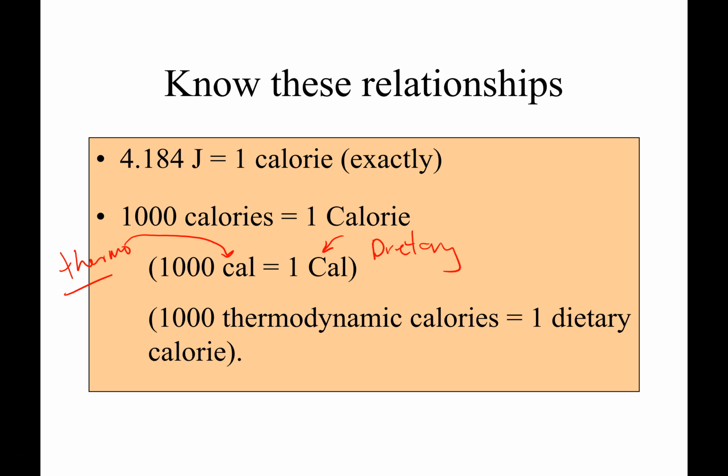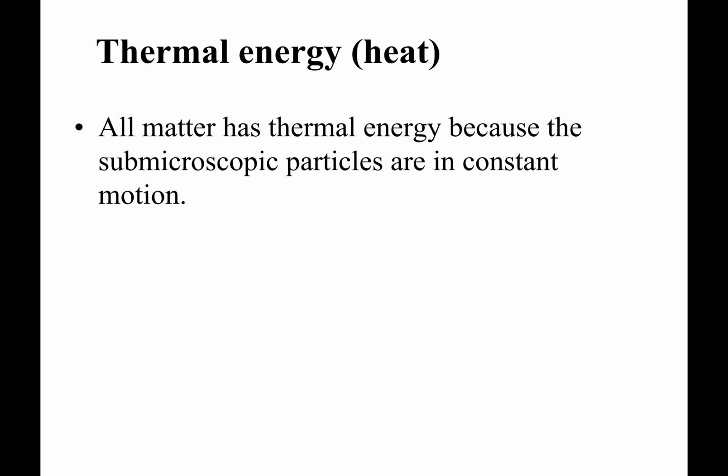Oh, sorry, that's dietary. So, oh my gosh. So if it's 1,000 calories, big C, then it must be, that's not good. Like 1,000,000 calories, thermodynamic calories. Oh dear. Love those candy bars.